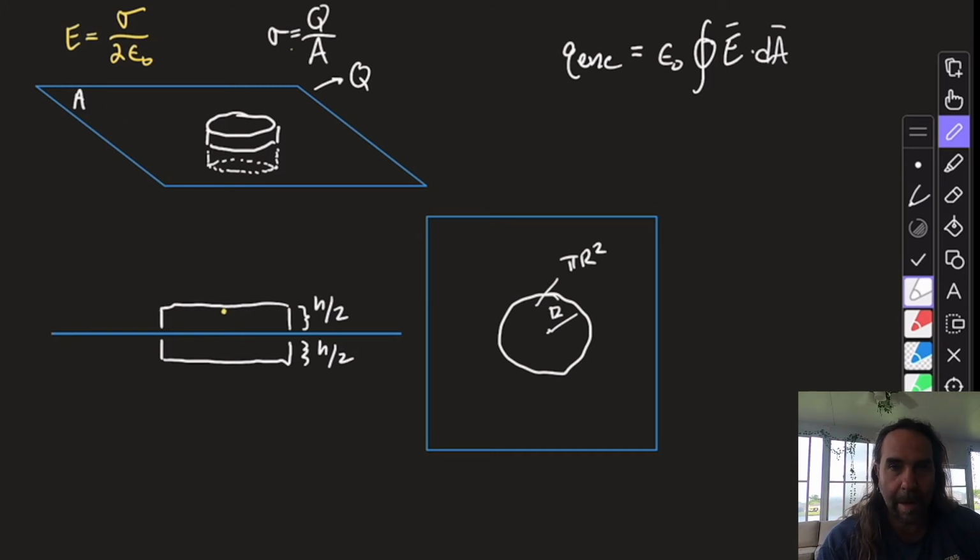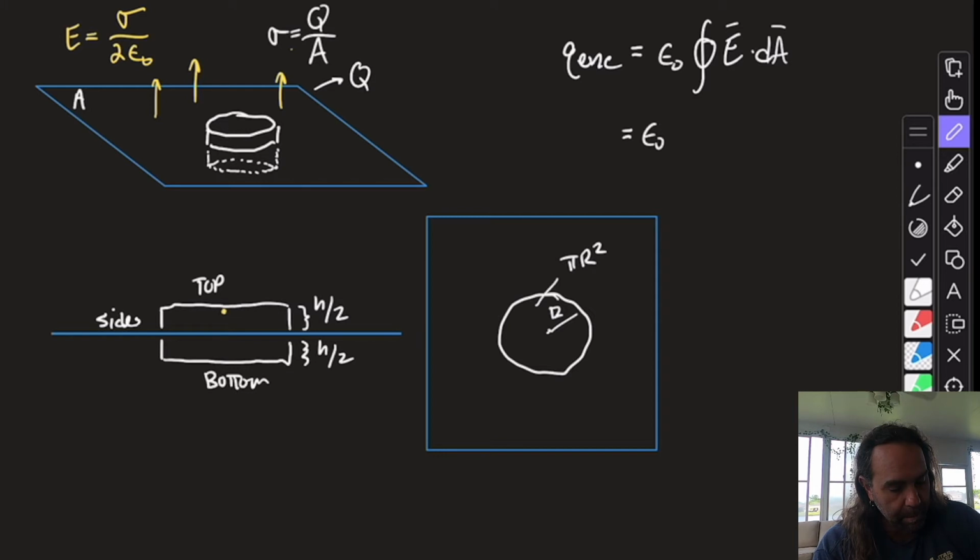So let's do the right side of this first. I'm going to break up my cylinder into three parts: the top, the bottom, and the sides. And I'm going to recognize that should this be a uniform sheet of charge, the electric field should be uniform, top and bottom, like so.